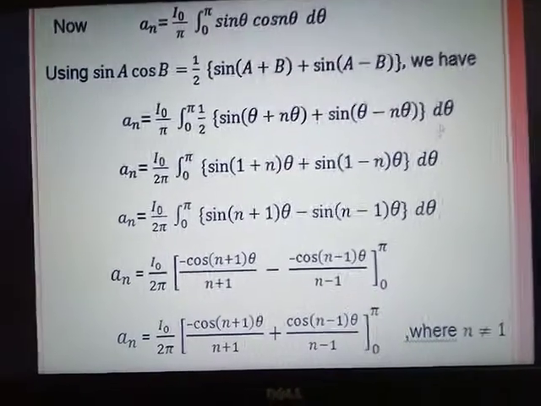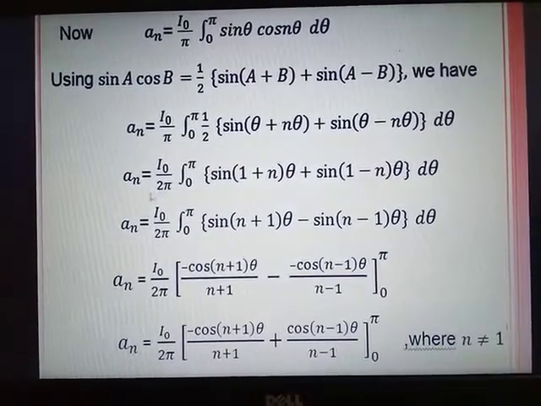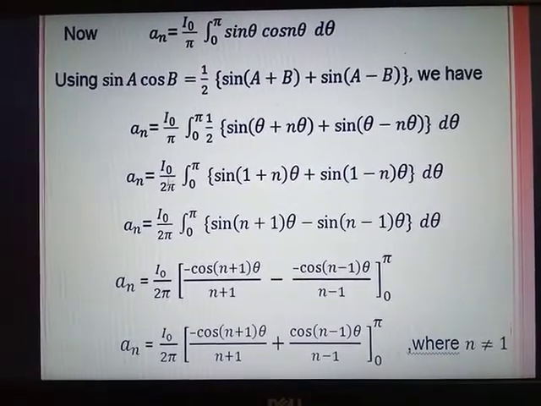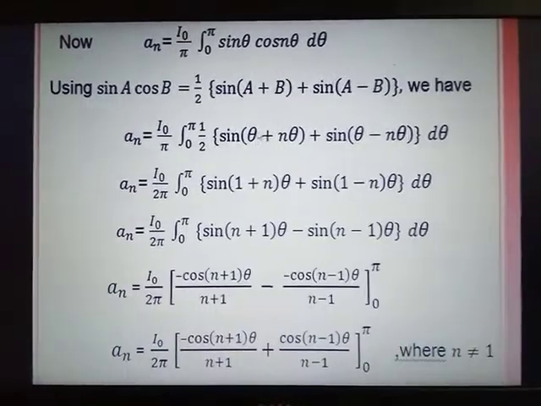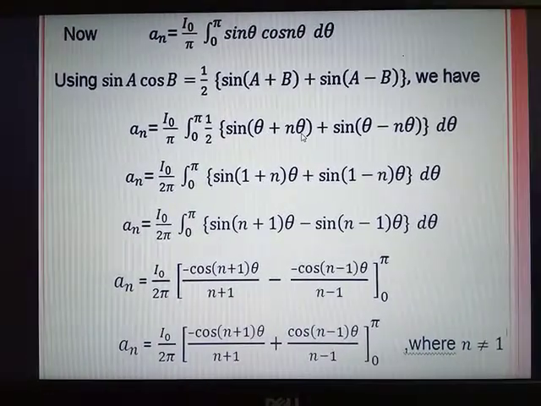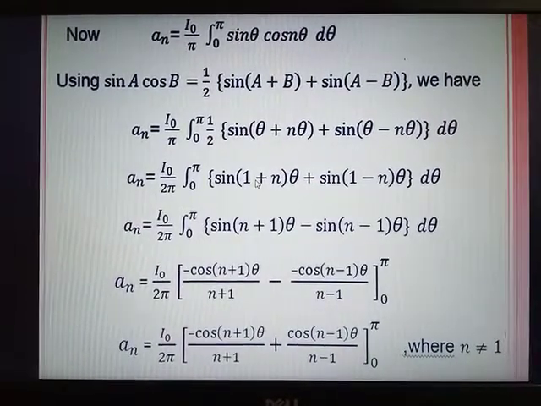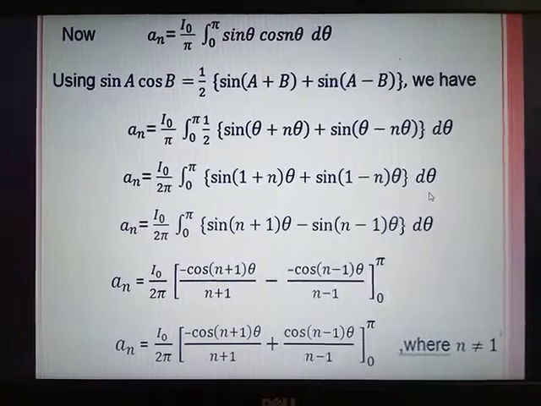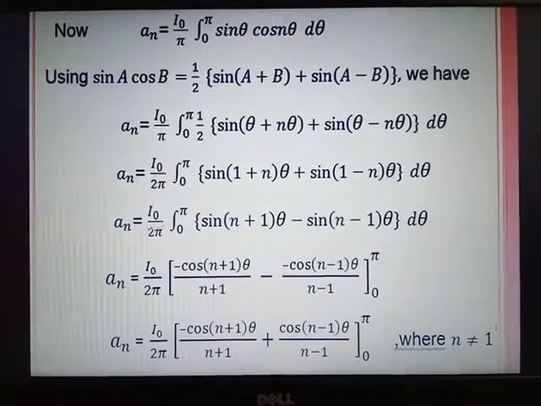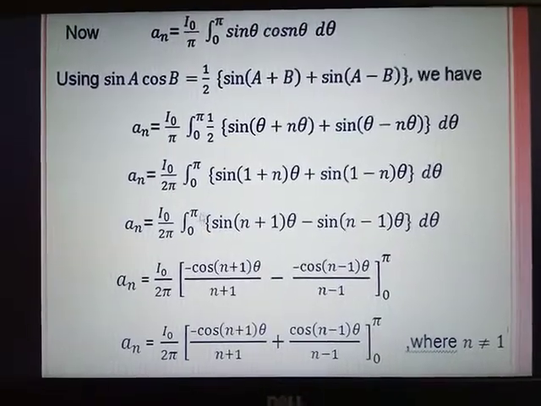d theta. 1 by 2 is a constant, take it outside the integration. an is equal to I naught by 2 pi integration from 0 to pi, sin of 1 plus n times theta plus sin of 1 minus n times theta d theta. Now an is equal to I naught by 2 pi integration from 0 to pi.